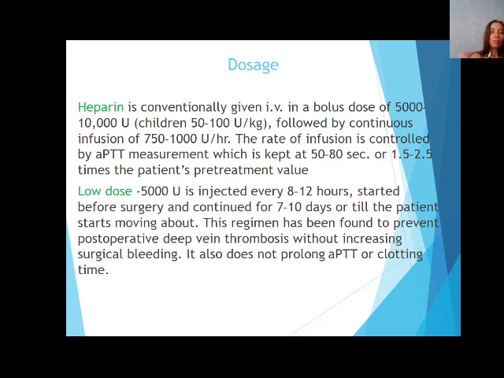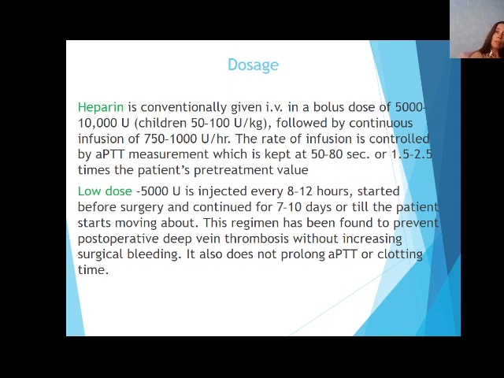Heparin is conventionally given intravenously in a bolus dose of 5,000 to 10,000 units. Children: 50 to 100 units per kilogram. It should be followed by continuous infusion of 750 to 1000 units per hour. The rate of infusion is controlled by activated partial thromboplastin time measurement, which is kept at 50-80 seconds.